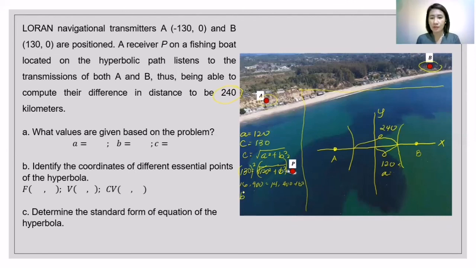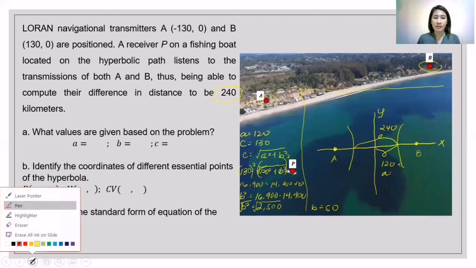We're going to have b squared equal to 16,900 minus 14,400, which is 2,500. So we get the square root of both sides for us to get the value of b. So b equals 50.